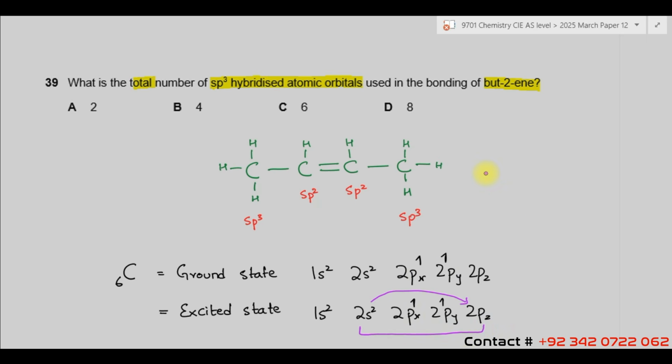So by mixing of 1s, and 1s does not mean this one, 1s means single s orbital, and 3p orbitals. So 1 s orbital and 3p orbitals mix to form 4 sp3 hybrid atomic orbitals.